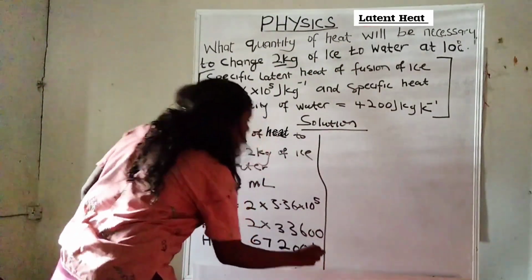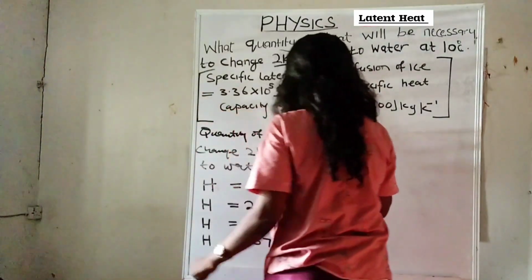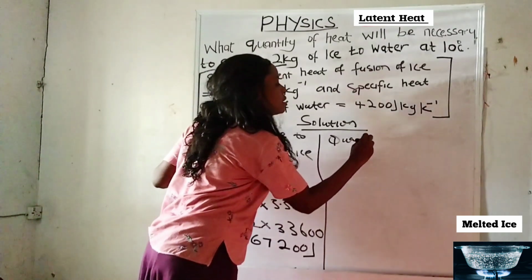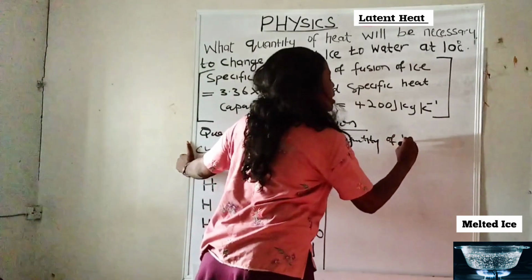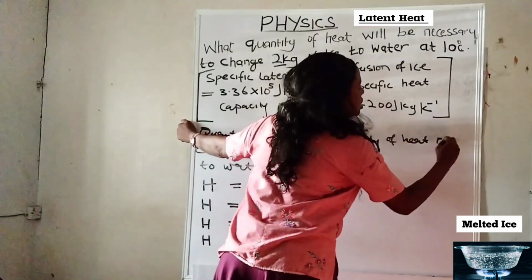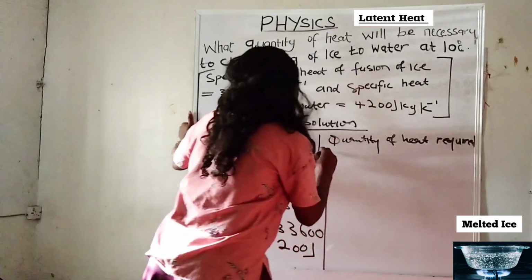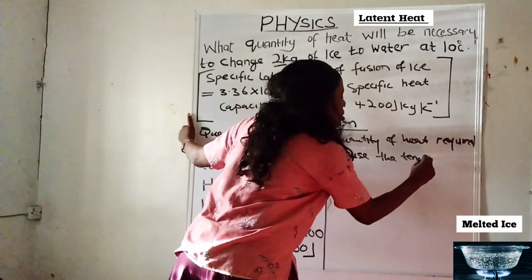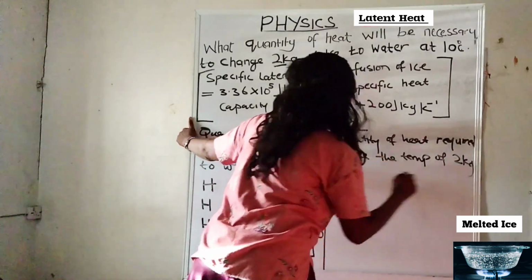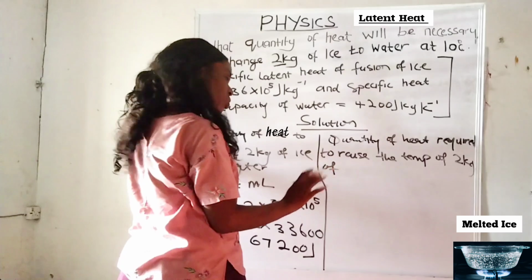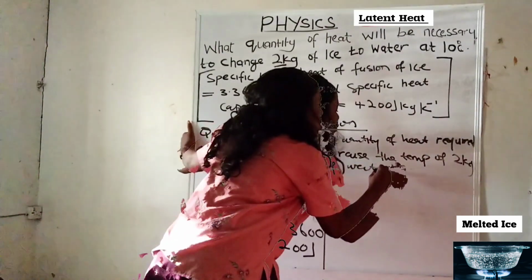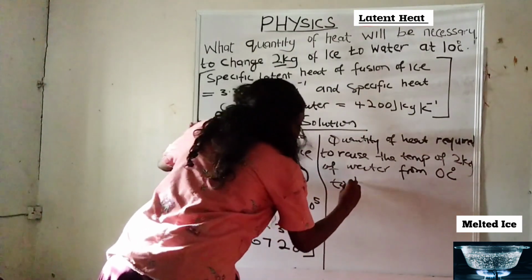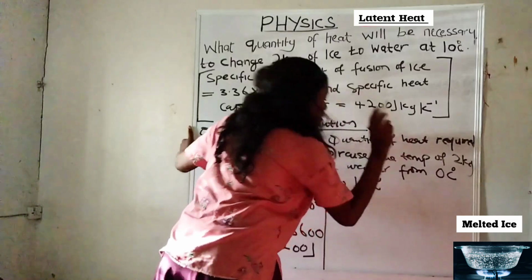So I'll now write here: quantity of heat required to raise the temperature of 2 kilograms of water, because we have melted ice now to water, from 0 degrees Celsius to 10 degrees Celsius. Let's solve this one now.